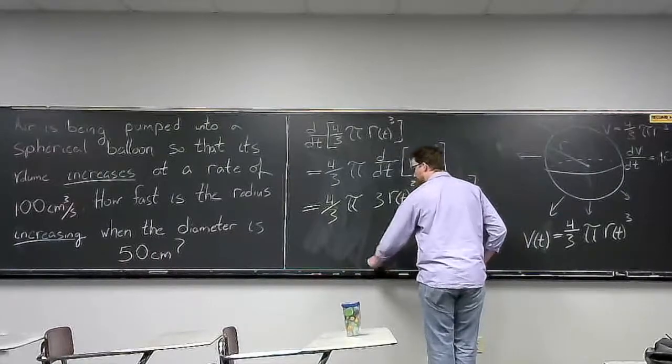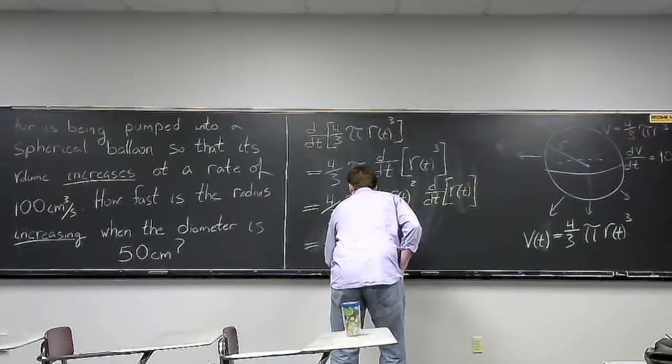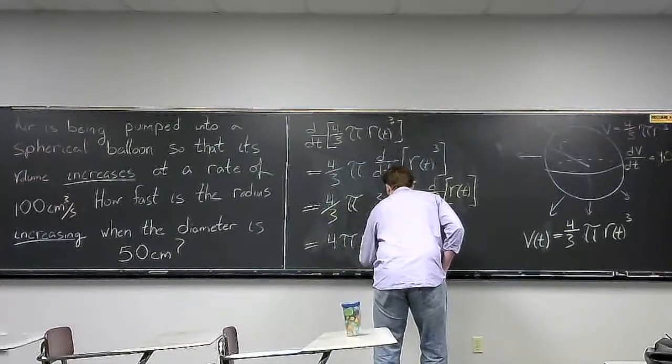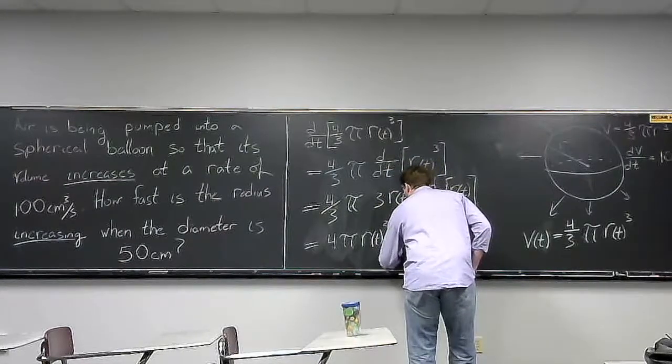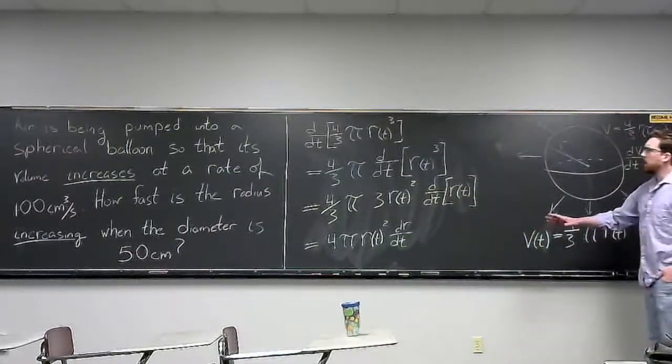So the other way we can write this is as 4 times pi times radius as a function of time, that quantity squared, times dr/dt. Well, hold up, wait a minute.